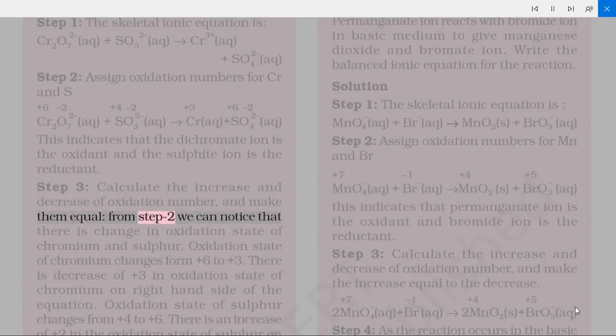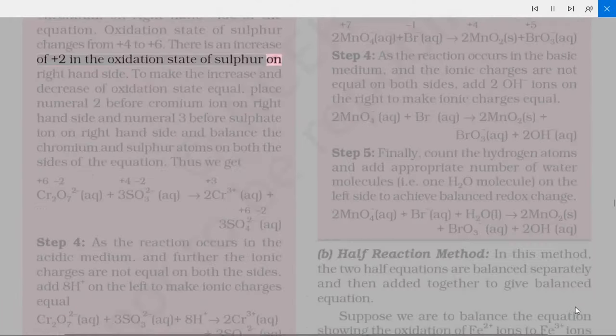Step 3. Calculate the increase and decrease of oxidation number and make them equal. From the equation we can notice that there is change in oxidation state of chromium and sulfur. Oxidation state of chromium changes from +6 to +3. There is a decrease of 3 in oxidation state of chromium on the right hand side of the equation. Oxidation state of sulfur changes from +4 to +6. There is an increase of 2 in the oxidation state of sulfur on the right hand side.